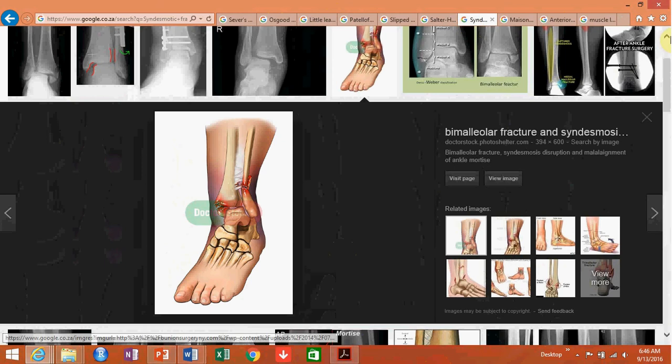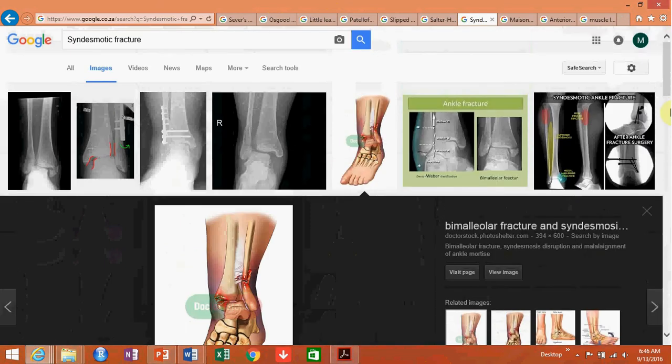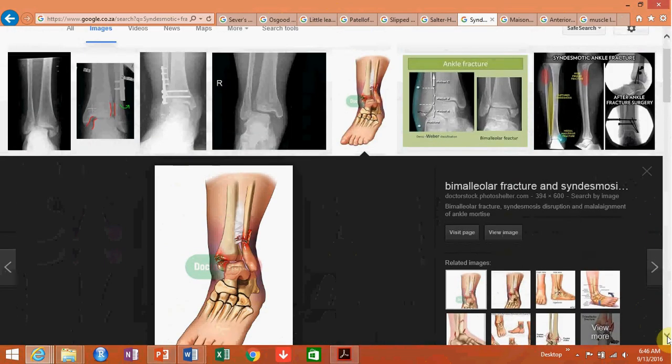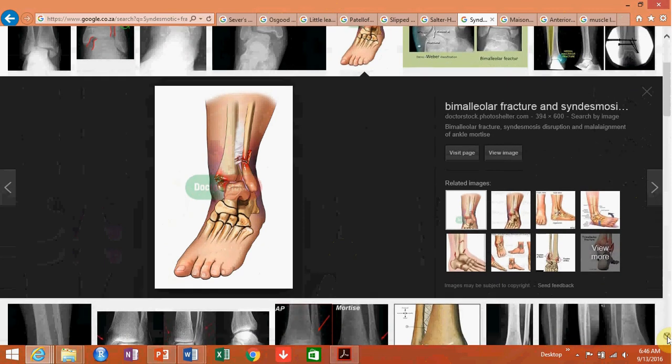Okay, your syndesmotic sprain, which can become a fracture. The actual mechanics of this being excessive loading on the lower limb, and then damage or forces happening in the fibula and tibia distally, causing actual fractures. Very painful, and of course requiring intensive rehab.